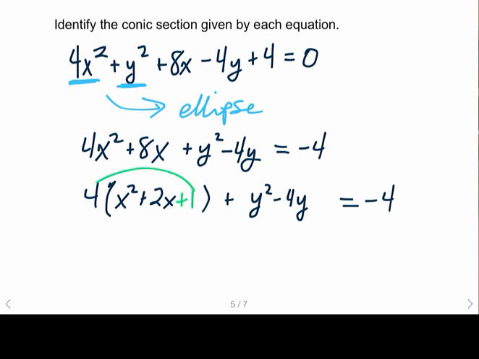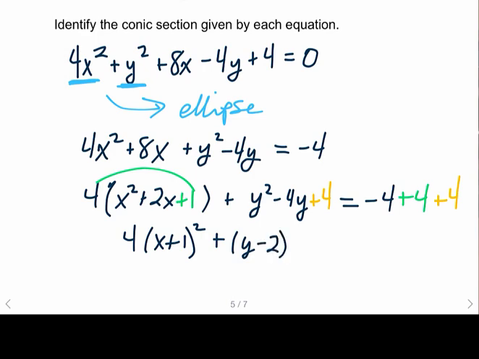But what did I really add? I really added 4. And then for the y terms, add 4. And then, of course, what I really added was 4. And so I have 4 times the quantity of (x plus 1) squared plus the quantity of (y minus 2) squared is equal to 4.